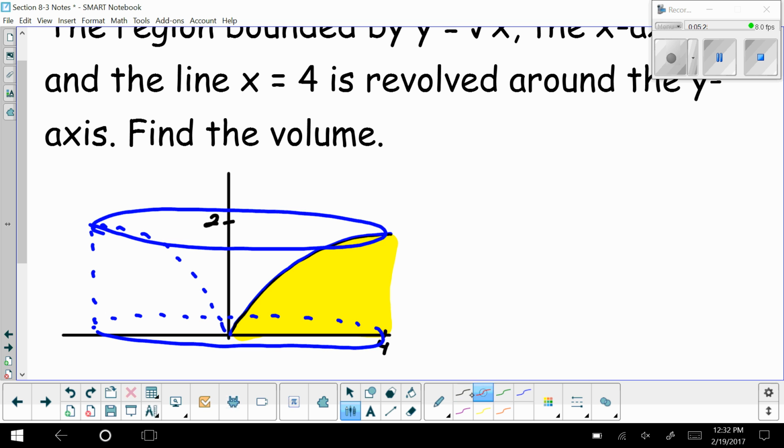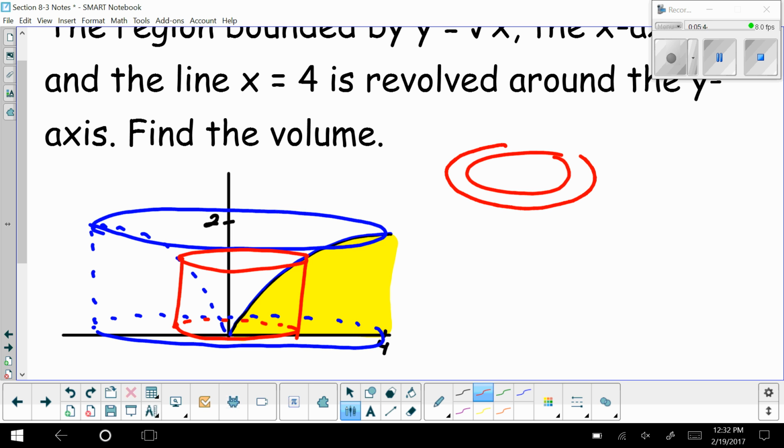So if I'm doing cylindrical shells, it's the idea of taking a cookie cutter and cutting out this cylindrical shell from the middle of my bowl. And again, I personally find it helpful to go ahead and draw the shell off to the side.